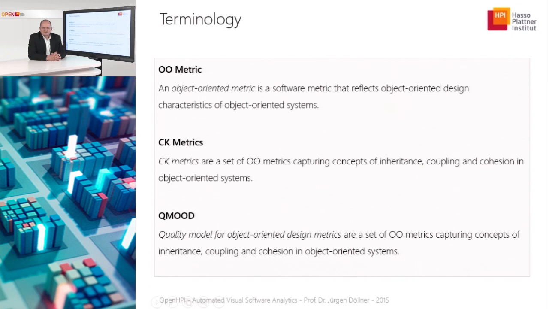We have also introduced the CK metrics, a set of object-oriented metrics capturing concepts of inheritance, coupling, and cohesion in object-oriented systems. And QMood, the quality model for object-oriented design metrics, again is a set of object-oriented metrics capturing the same aspects of the object-oriented system.